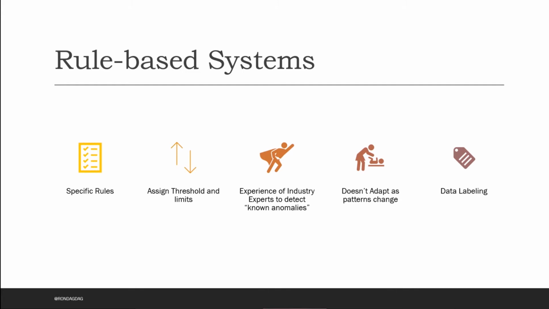A problem with rule-based systems is it does not adapt as the pattern changes through time, right? And it does require lots of data labeling. So an expert has to look at the data and figure out which ones are good data and which ones are bad data. And that takes time.